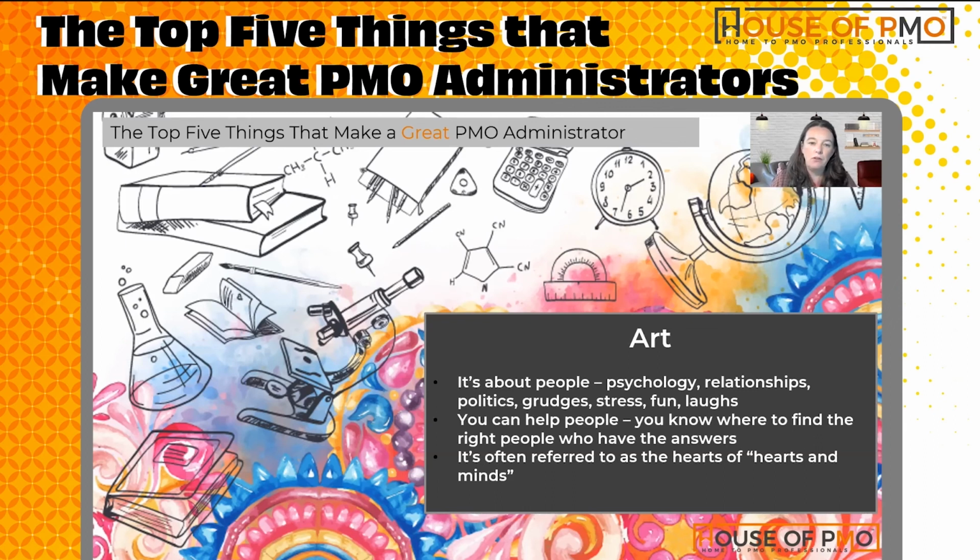But also, in this particular role, you can help people. You know where to find the right people who have the answers if you don't. And there's always been this thing where they called the PMO the connector.